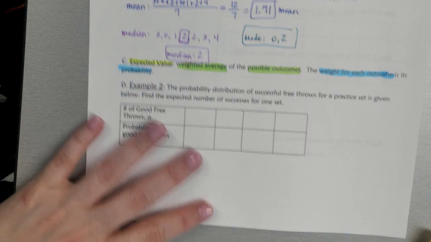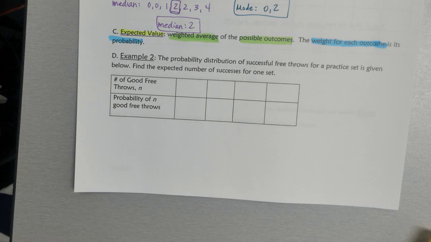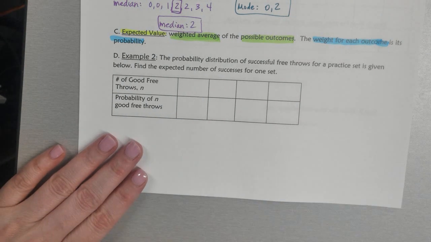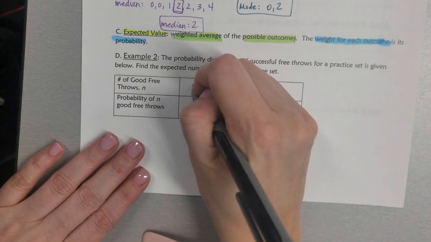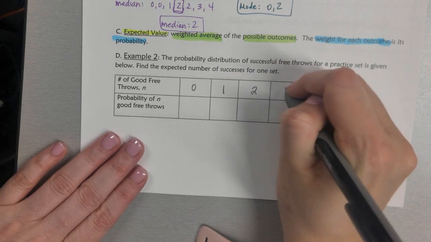Okay, and then for expected value, we're going to use that in example 2. You will often see a table, and the probability distribution of successful free throws is going to be given in this table. So this will be given to you. So the number of good free throws, n, the values for that are 0, 1, 2, and 3.